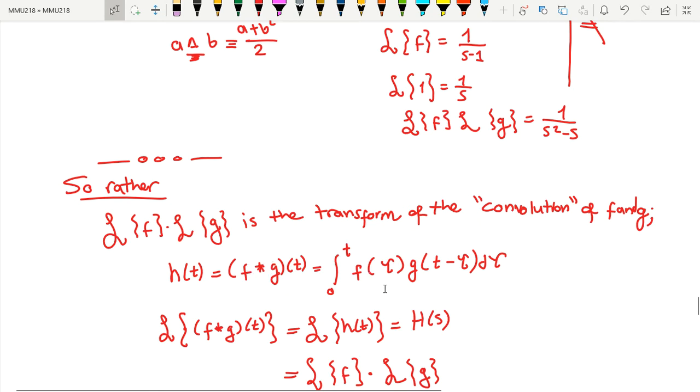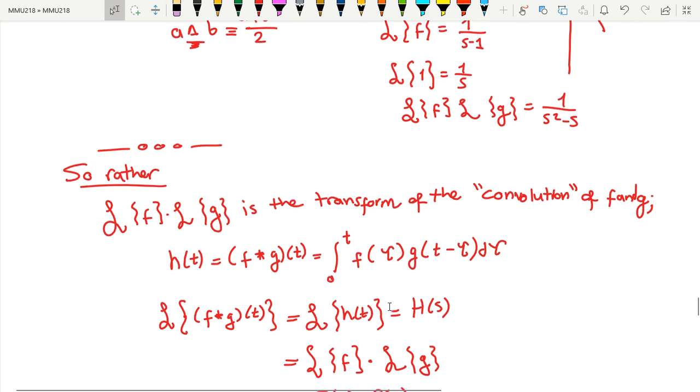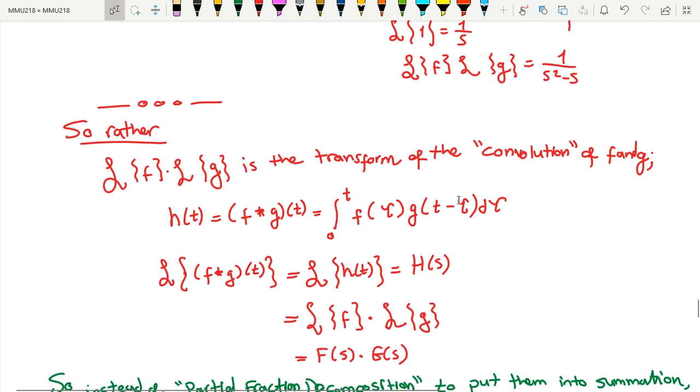It's an integral operation in which I have one of the functions expressed in terms of tau, the other one is somewhat shifted by tau. Okay, so I'm not going to go into those details, but you can see the examples in your book.